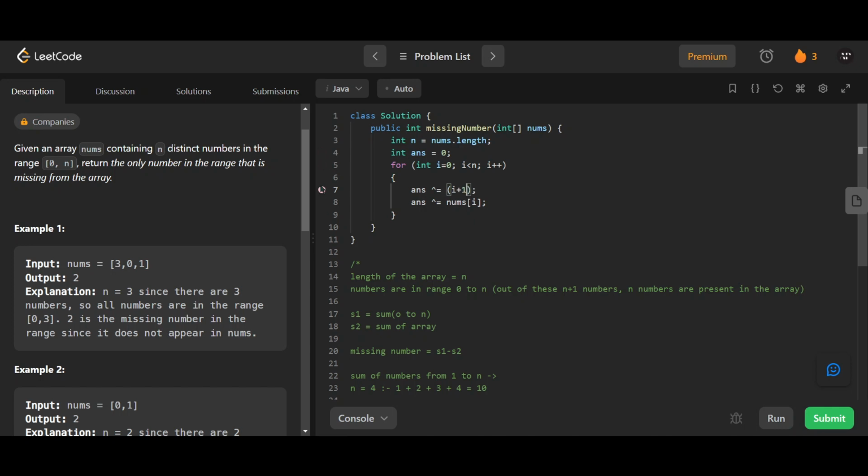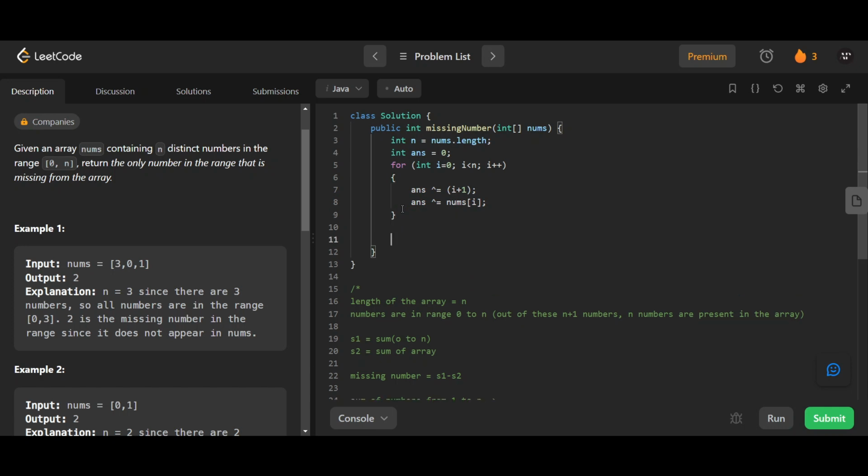So for each, I already took 0, then I'm taking from 1 to n using this, and these I'm taking through all the nums, and you just return answer.